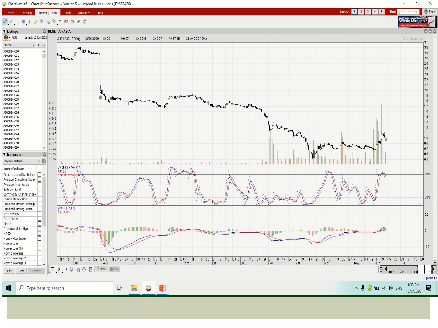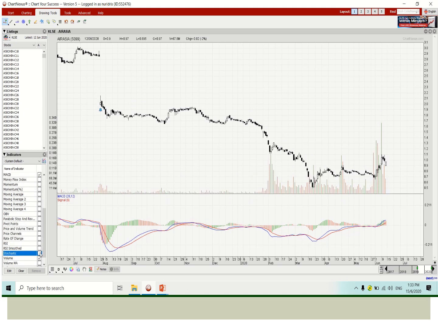We are using MACD. Based on this example, the blue line here is what we call the MACD line. The red line here is the signal.